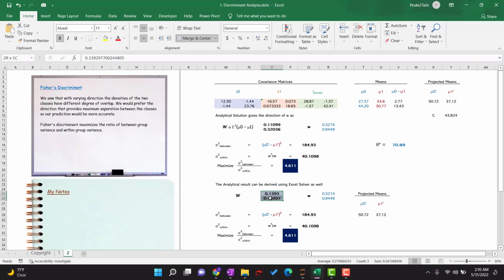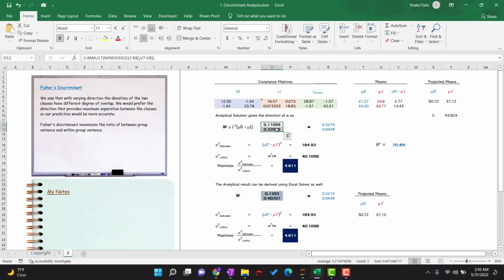Solver will give you the values for these. Okay, and it should match. This will match with this one, or this will match with this. Okay, so yeah, that's all for the Excel implementation.